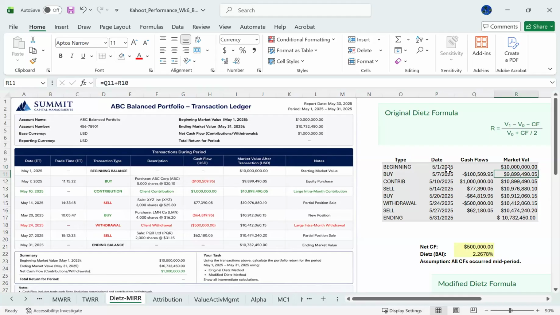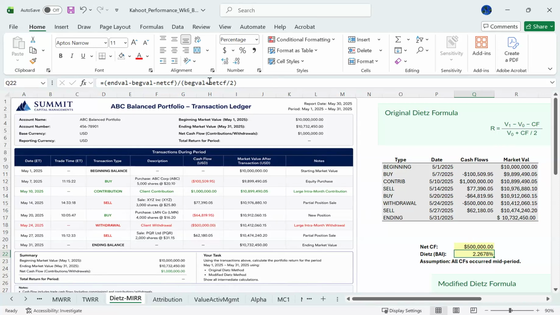But then this formula is going to consider that the 500K came into the fund still by mid-May, which would be incorrect. Or what if these cash flows are received the day before the cutoff date or the end of the month? Then these funds have been there only for a day.